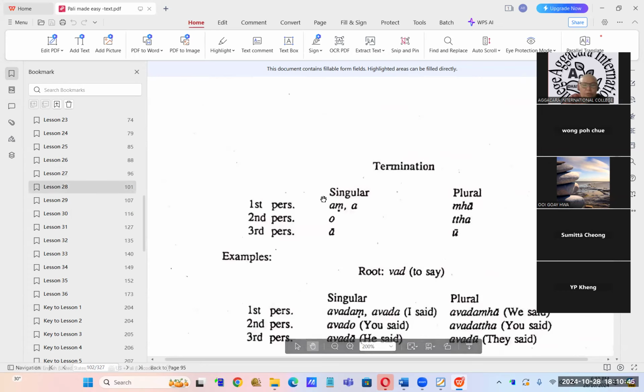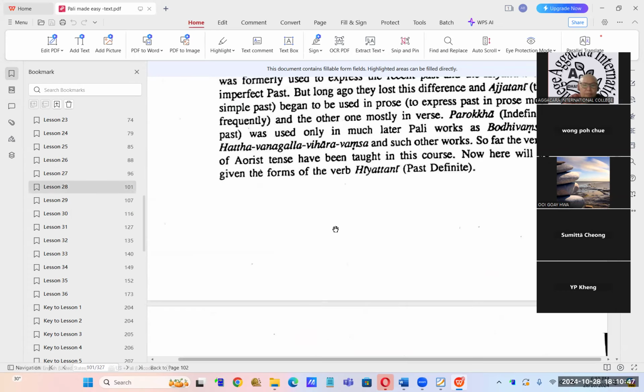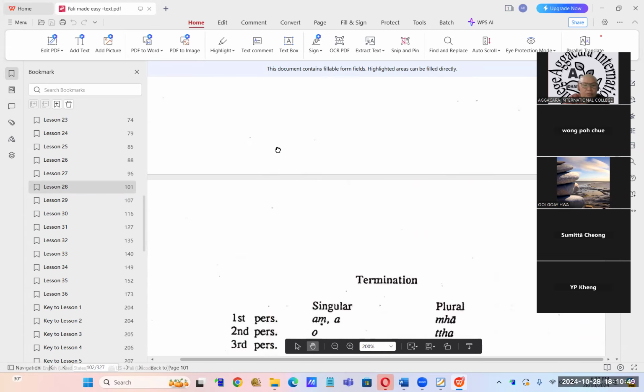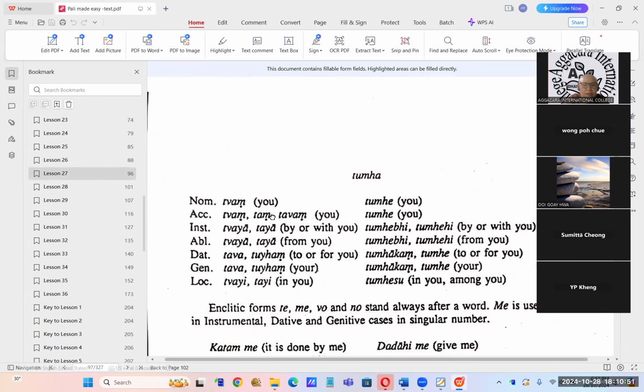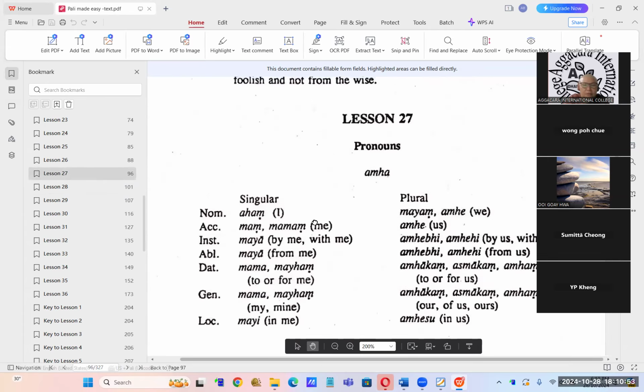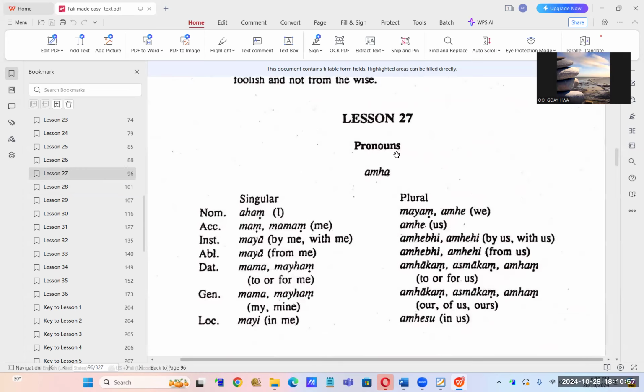Okay, so today we go for 28, right? Lesson 27. 27 also we finished, right? No, no, not yet, not started yet. No, let's start. I just got confused because I think I mentioned it in the basic Pali class, the Sutta class.